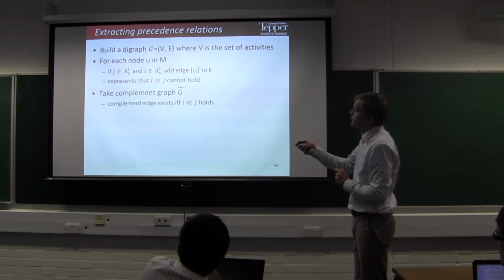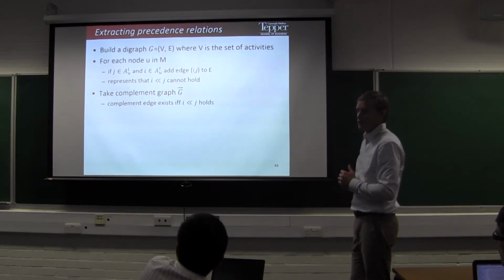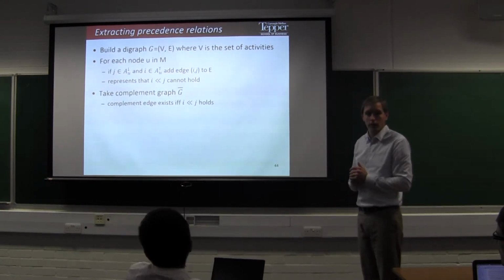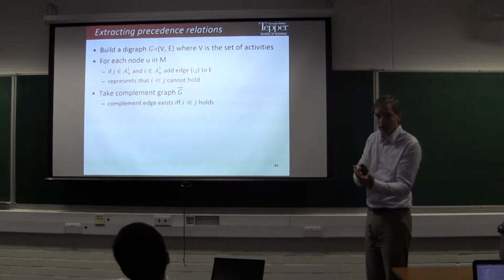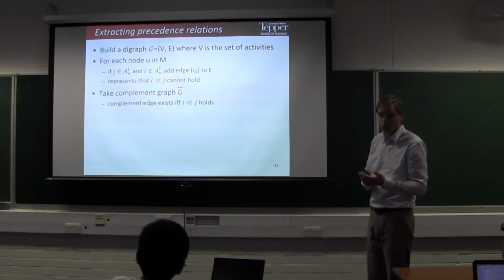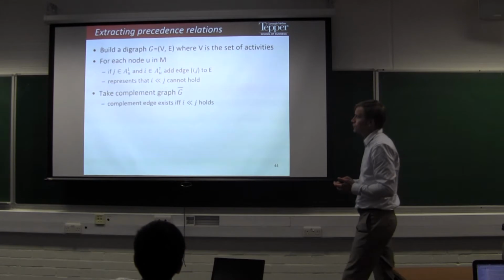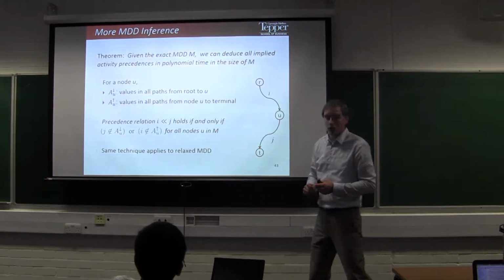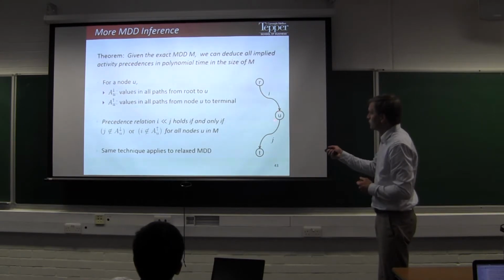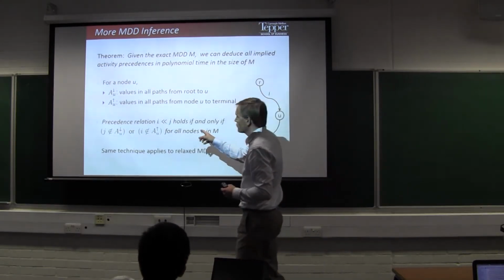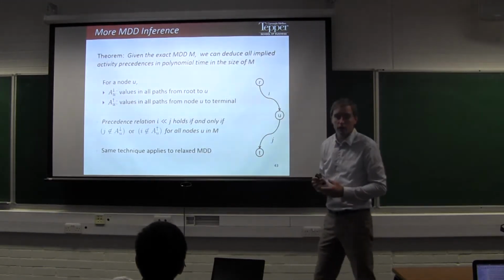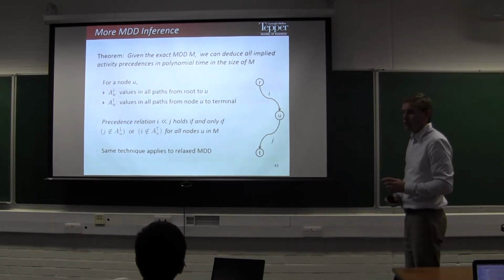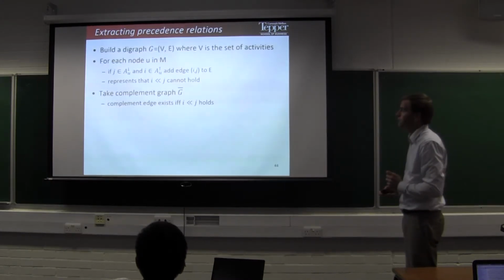I will build a graph that represents the precedences that cannot hold. And then I'll take the complement of that, and that gives me all the precedences that must hold. So I will actually use this fact, and I will inspect all the nodes to see which of those constraints do not satisfy this condition. And that populates my graph of precedence constraints that cannot hold.